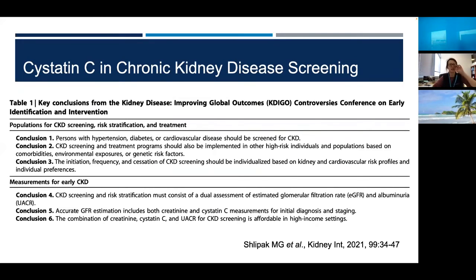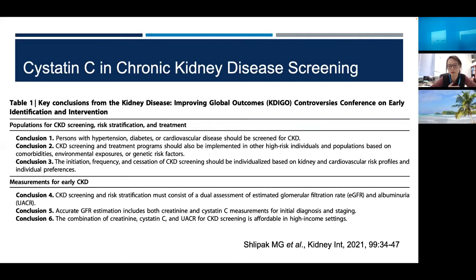So in 2019, KDIGO had a controversies conference entitled Early Identification and Intervention in CKD. There was strong agreement by the conference attendees that eGFR should be estimated using both creatinine and cystatin in parallel.